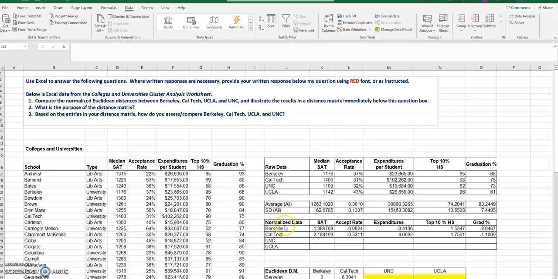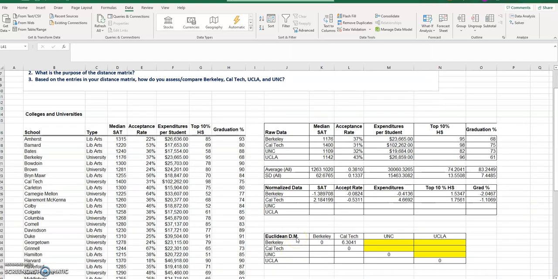In order to get going here as we approach this Euclidean distance matrix, the first thing I wanted to do is just pluck out this data. I did not include the university type. We will just go with the numerical data here.